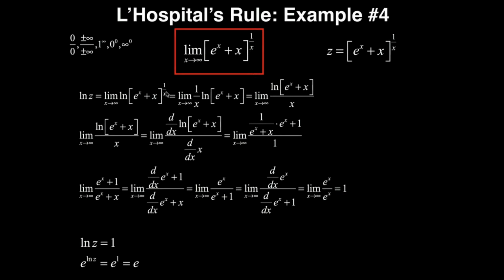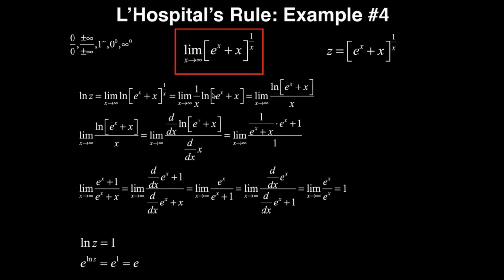Now, why did we do that? Well, the reason that we did that is because logarithm laws state that if you have a log, any kind of log, and you have an exponent on the argument, you can actually pull that exponent out in front of the log. So this equals the limit as x goes to infinity of 1 over x times the natural log of e to the x plus x.